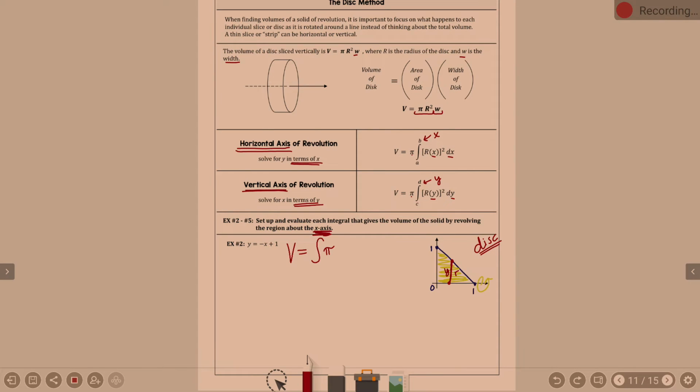Radius is my function. What is my distance from the x-axis up to my line here? Well, it's whatever y is. What is y equivalent to? Negative x plus 1. So it's going to be the function. So I'm going to say negative x plus 1. Because that's my radius, I'm going to square it. And then the height of each of these little discs is going to be represented by dx, the change in x.